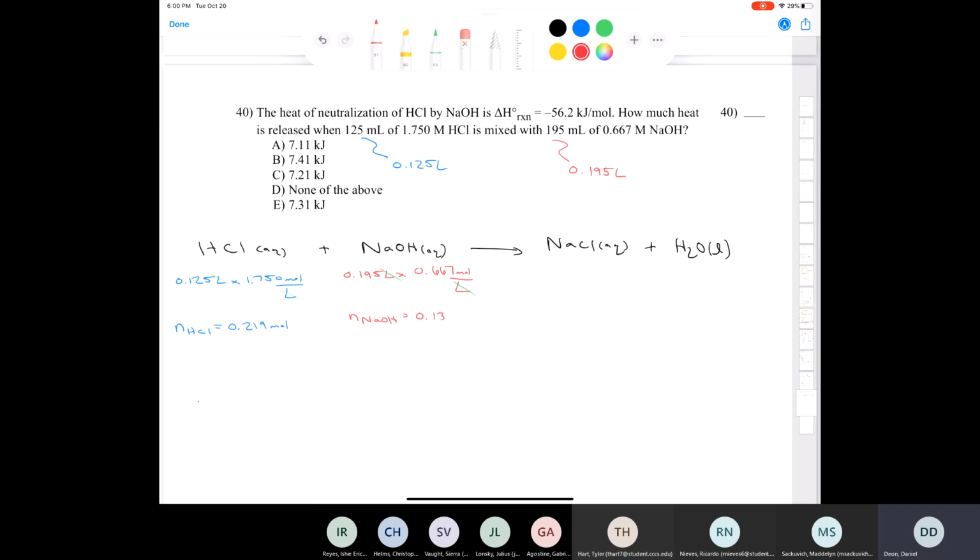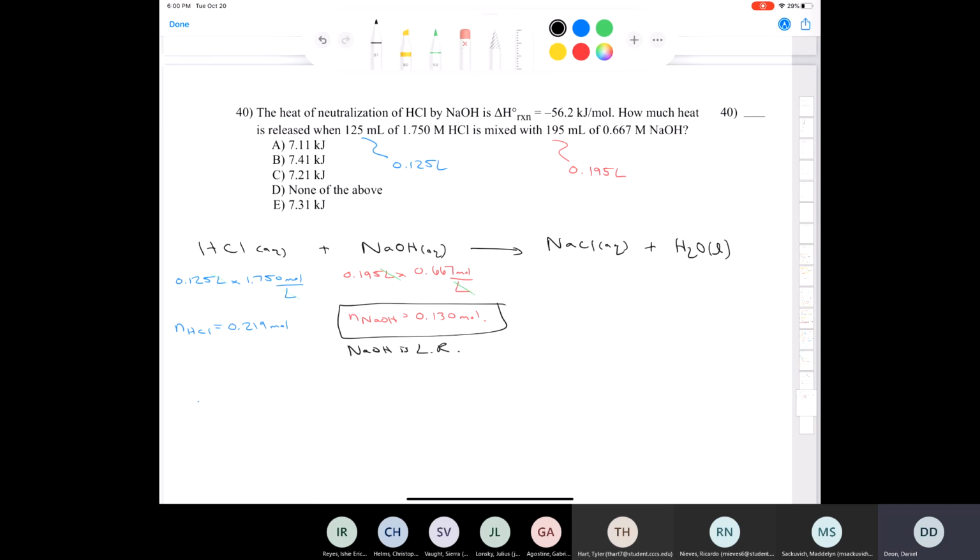So 0.130 moles of sodium hydroxide. Since the ratio of HCl to sodium hydroxide is 1 to 1, if we examine these two, you can clearly see that sodium hydroxide is the limiting reactant. So NaOH is the limiting reactant.